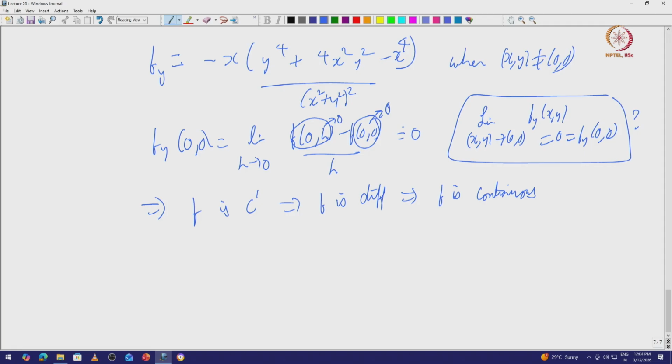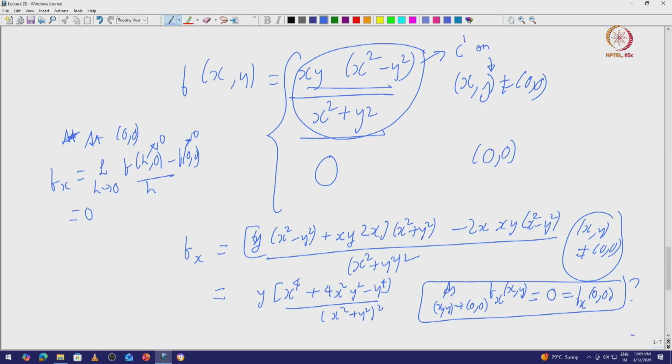Now, the point is, if you look at this function, what are the partial derivatives? This partial derivative is also a rational function. So, rational functions are of course differentiable whenever the denominator is non-zero.